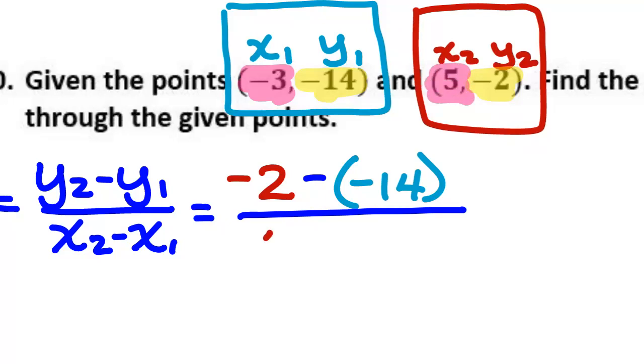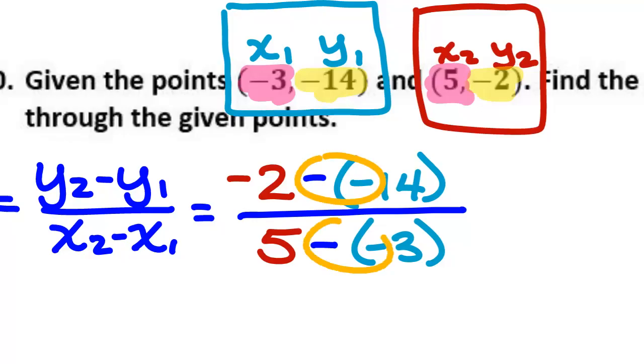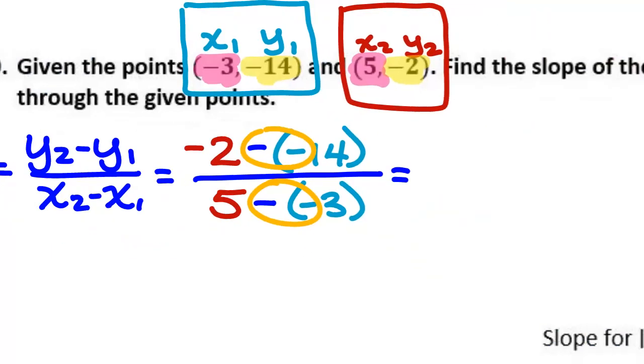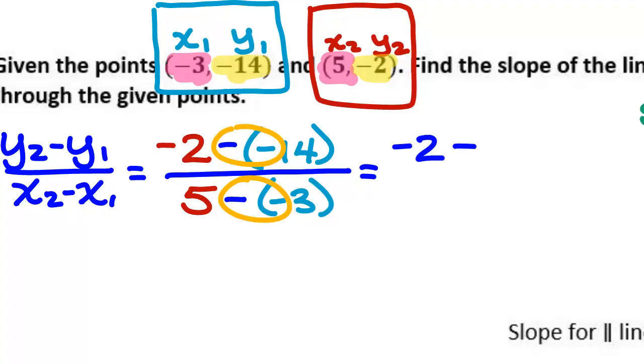We do x2, which is 5, minus x1, which is negative 3. Both top and bottom, we are subtracting a negative. So my numerator is actually negative 2 plus 14. My denominator is 5 plus 3.